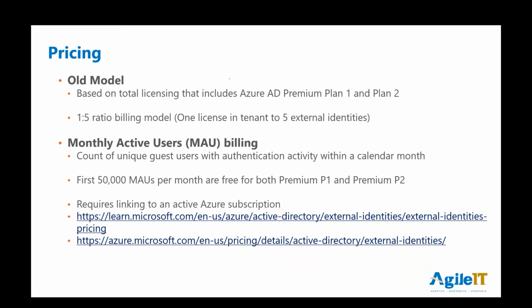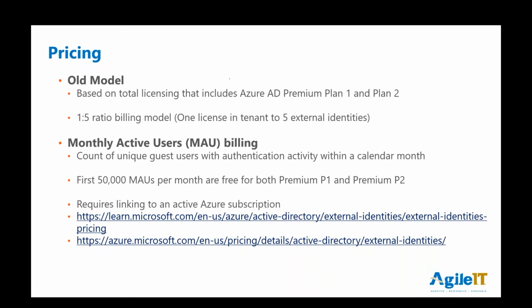But let's just focus on all the Plan 1s. If you have 50 of those, that means you have 250 external identities that you get to control behavior with inside of Azure AD. What does that mean? You can do a guest, create a conditional access. Hey, any guest that comes in here, make sure they do MFA and those things, because they're getting that benefit, but you're not paying the license.